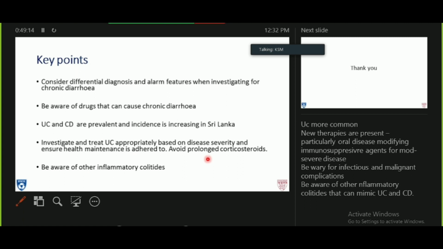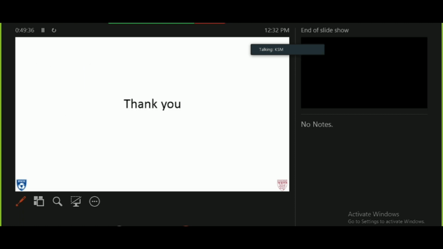And we talked about how to investigate and treat UC appropriately based on disease severity and how to ensure that health maintenance is adhered to properly, and also the pitfalls of prolonged corticosteroids. And just think about these other potential inflammatory colitides as time goes by. So thank you very much for your attention, and I'd be happy to answer any questions.